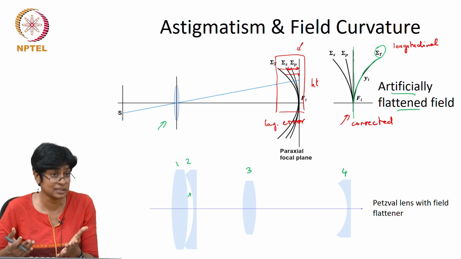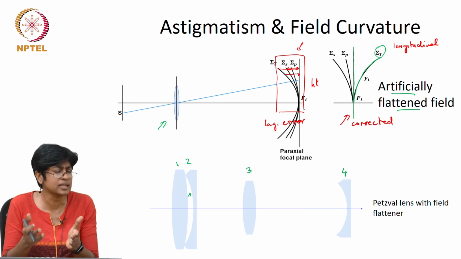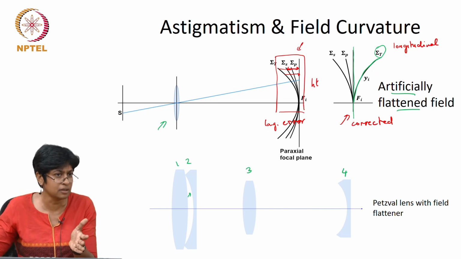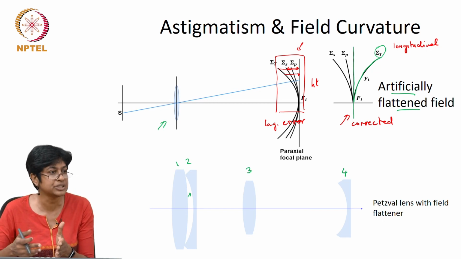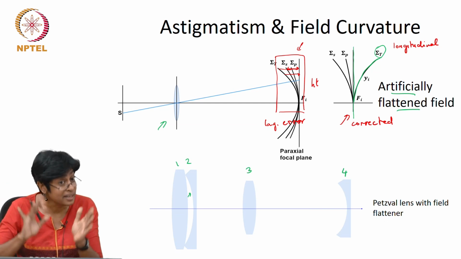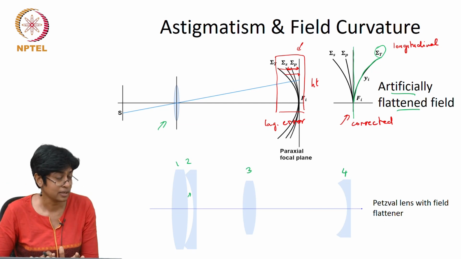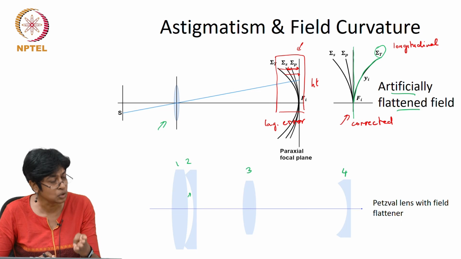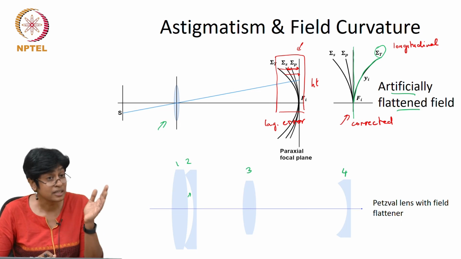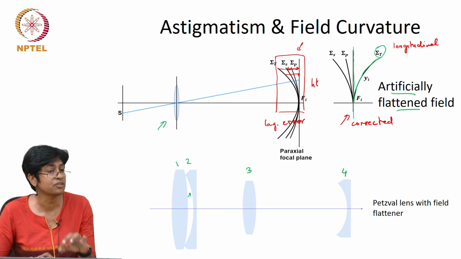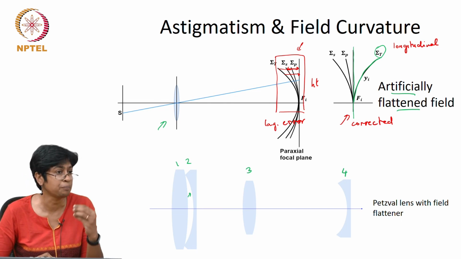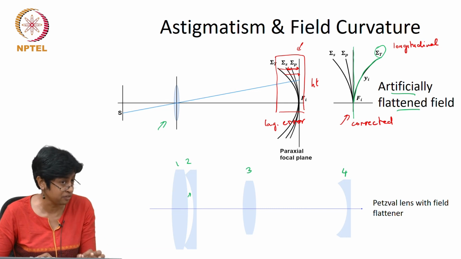What field curvature is saying is basically giving you the deviation from the paraxial plane. And when you talk about field curvature, there is a surface where there is perfect focus. Right? In spherical aberration and in coma and in astigmatism, there is no surface where there is perfect focus. You are finding a surface or a plane or a point where there is minimum aberration. It's not that there is perfect focus.